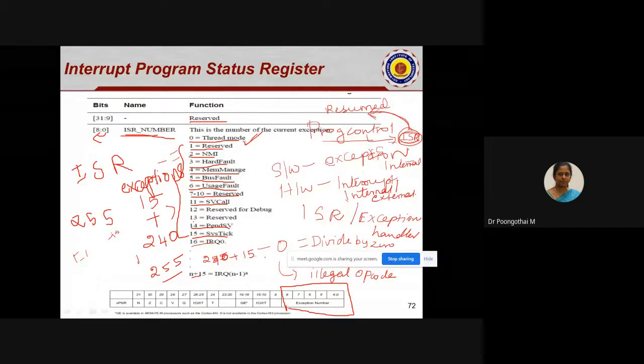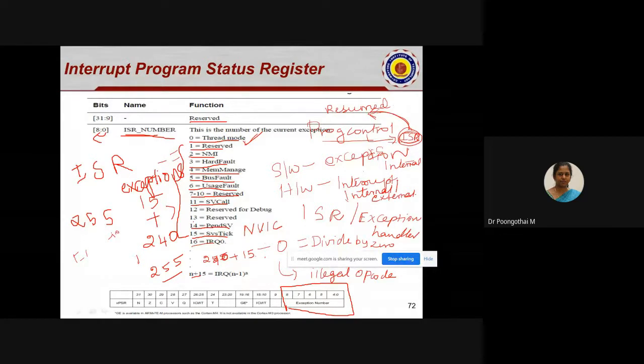Your processor always starts in thread mode, 1 to 15 is for exceptions and the remaining is for hardware interrupts. So the NVIC unit can support up to 255 interrupt requests.